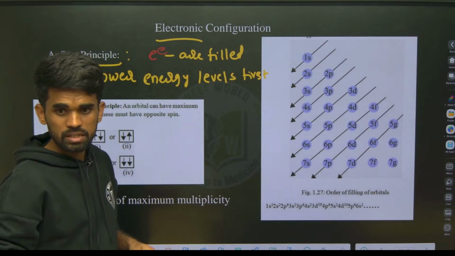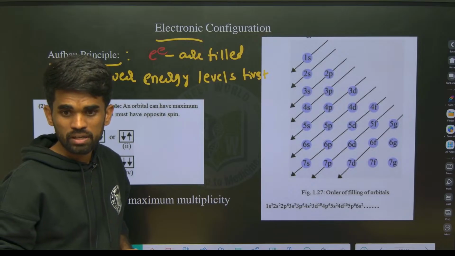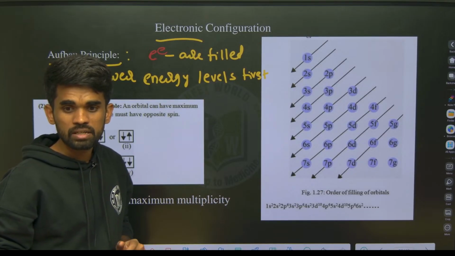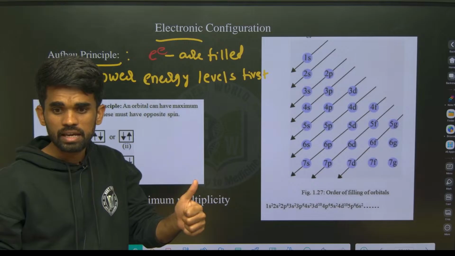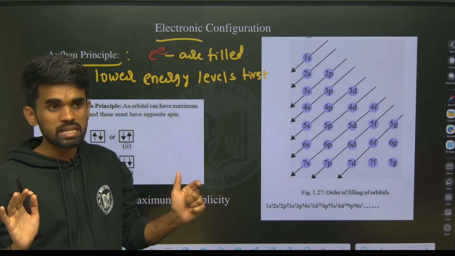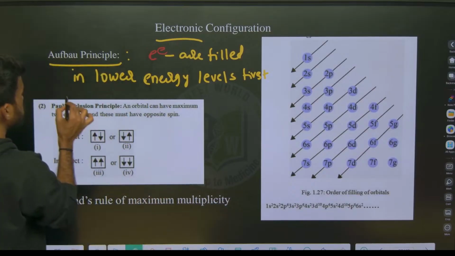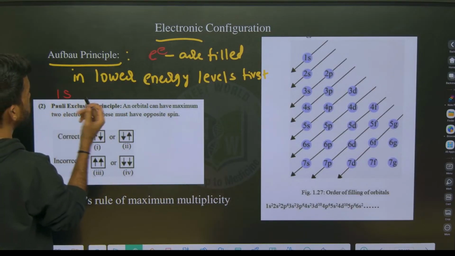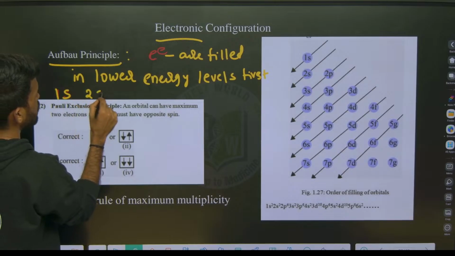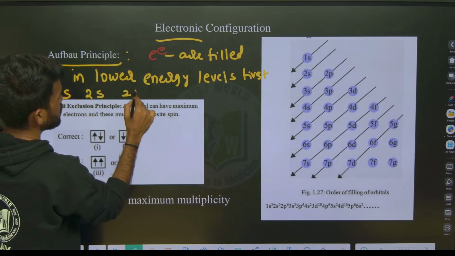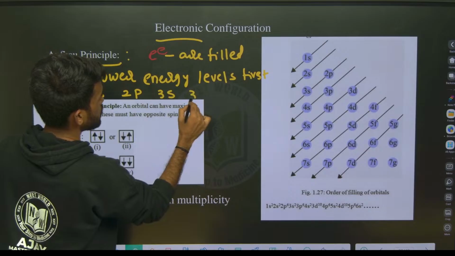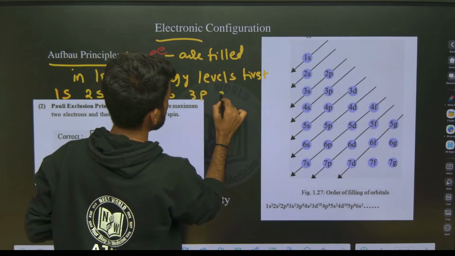We have done questions on this also. The Bohr-Bury rule is there: first n plus l, and second n. If n plus l is the same, just look at the n value. So I have 1s, 2s, 2p, 3s, 3p, 3d, 4s.